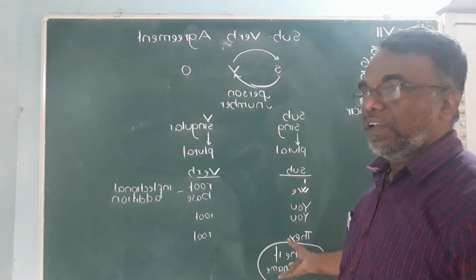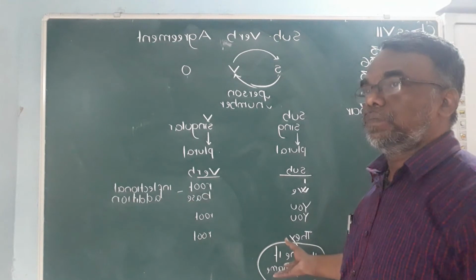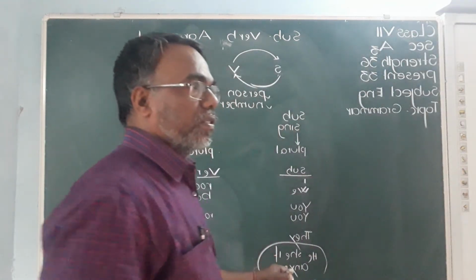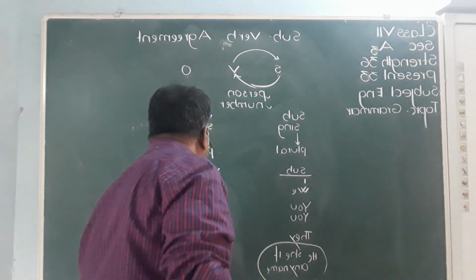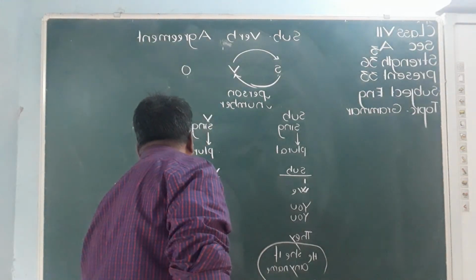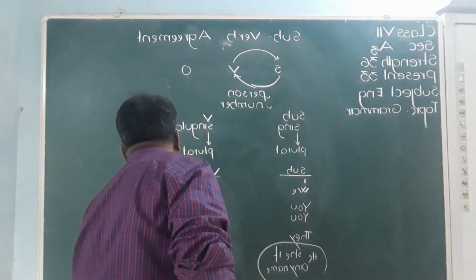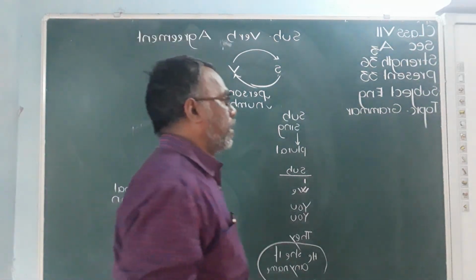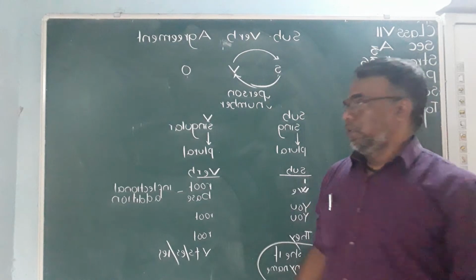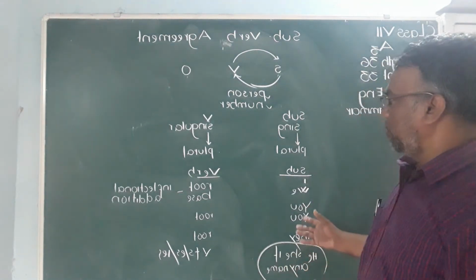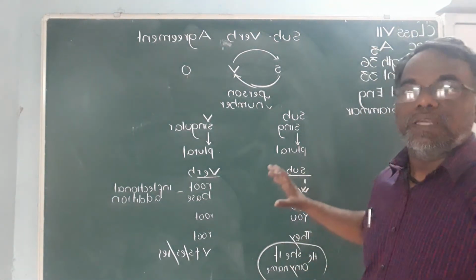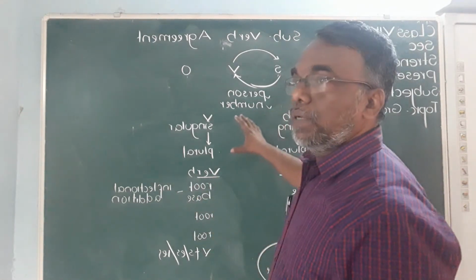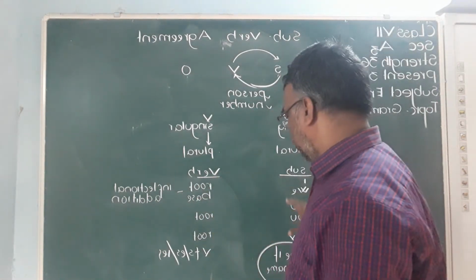When the sentence is in present simple form and the subject is third person singular, we add S, ES or IES to the verb, depending on its spelling. In this way we briefly discussed subject verb agreement in person and in number.